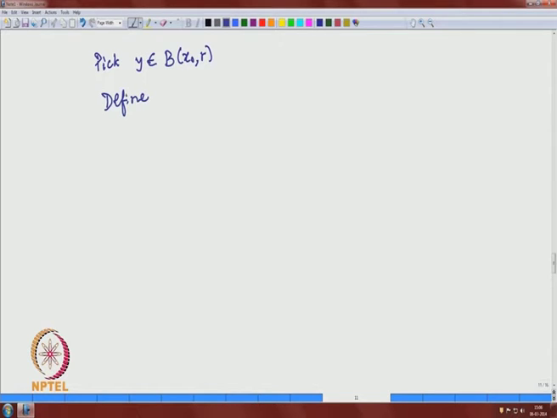This is now f from D to R. Now I am going to define a one variable function, F of t equals f of x 0 plus t y. Okay. So, t is between 0 and 1.